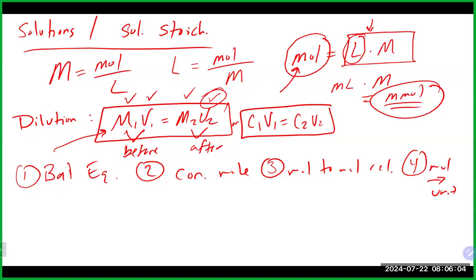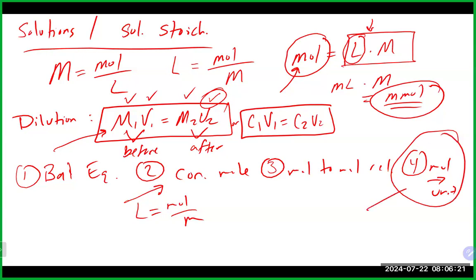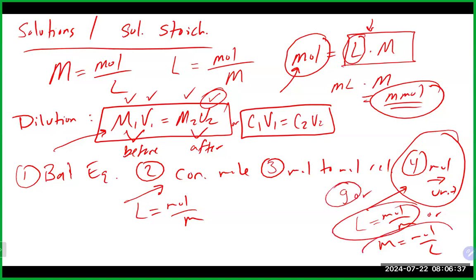And really, the two places where solution stoichiometry problems are slightly different are usually up front, where instead of using grams and molar mass to get the moles, a lot of times we use liters, which is moles divided by molarity. Also, on the back end of the calculation, we will sometimes use the same thing, or we will maybe just solve for molarity as well. So those are two common endings, along with the normal common ending of maybe getting to grams as well. So these are some variations on it.